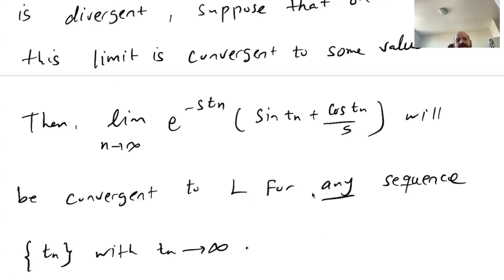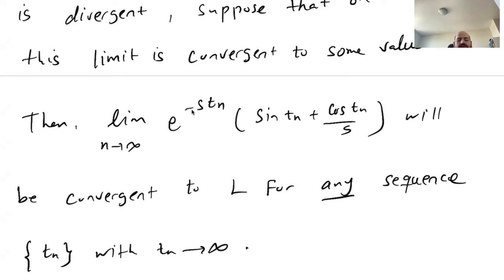Well, for example, let's say I choose my Tn to be 2n pi. Then sine 2n pi is 0, cos 2n pi will be 1. And so this expression will be always 0 plus 1 over s, which is 1 over s. And e to power 2n pi times minus s. Remember, s right now we're assuming is negative, so minus s is positive.